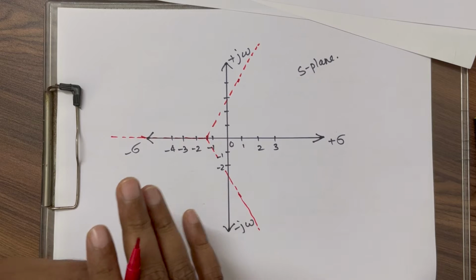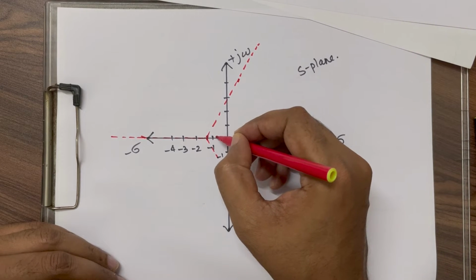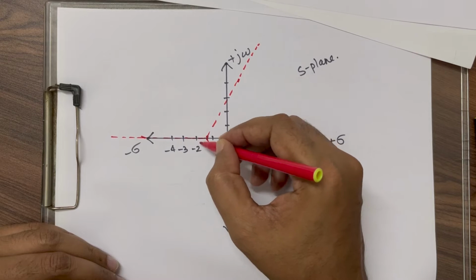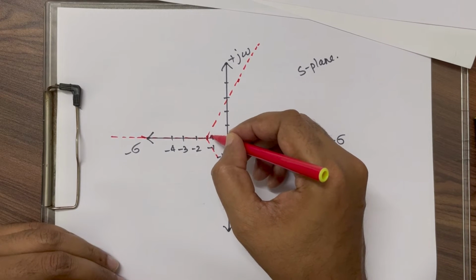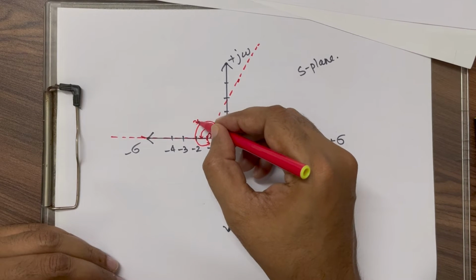So we have done the asymptotes. We have taken the angles as 60 degree, 180 degree and 300 degree.